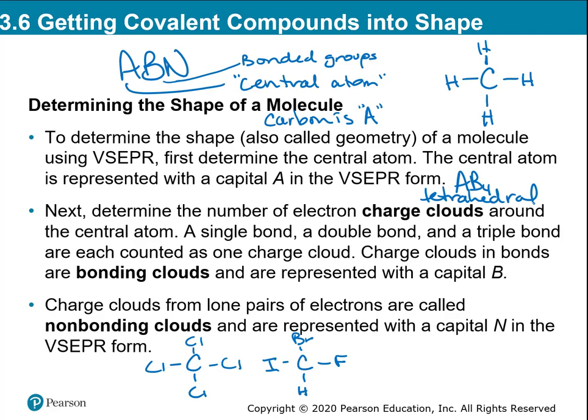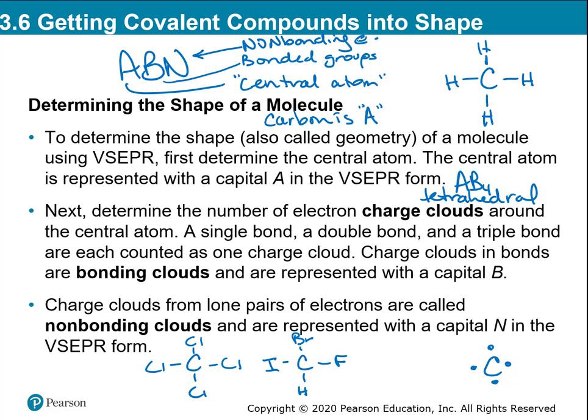Now, one thing carbon doesn't have is this. N are non-bonding electrons. Carbon doesn't have any because remember that carbon has 4 valence electrons. Every one of its valence electrons participates in a covalent bond. So carbon does not have non-bonding electrons.